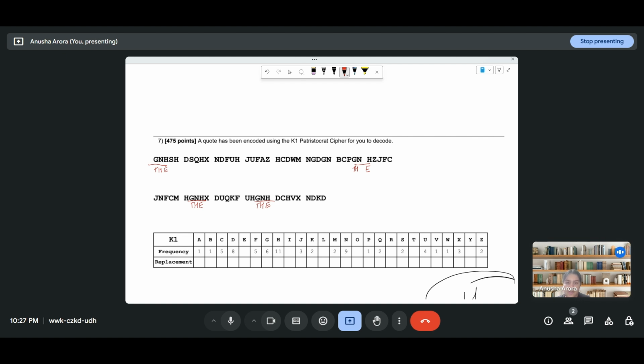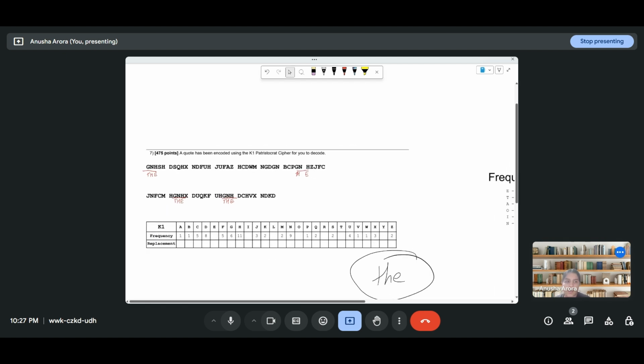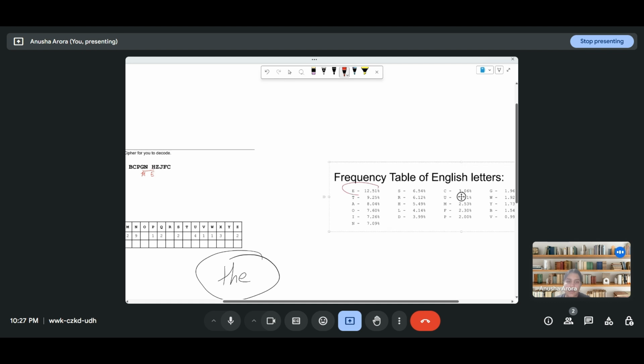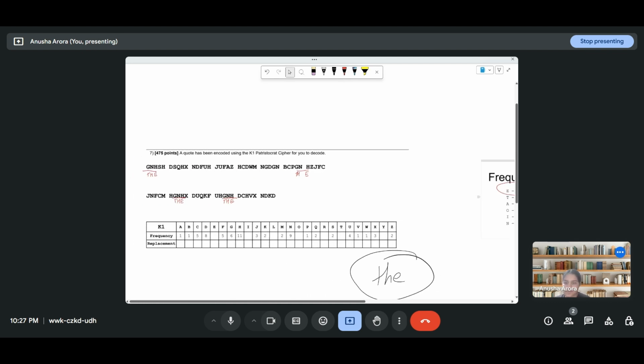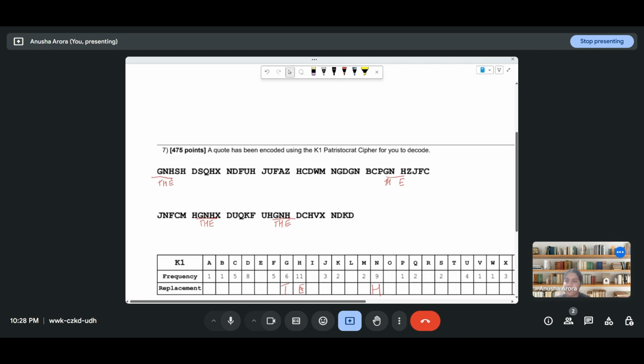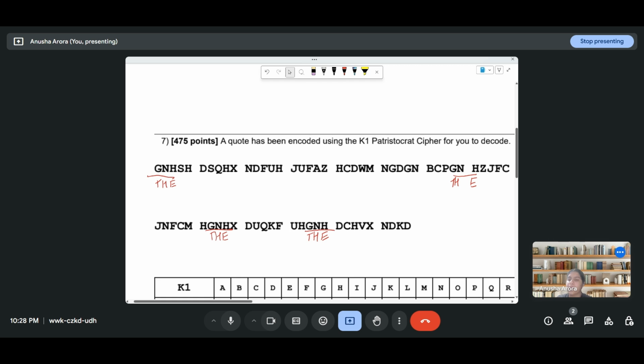If we think about it, the frequencies also line up because, as you know, E is the most common letter in the alphabet, and we can see H is the most common over here. So it makes sense that H is probably going to be E. And then next we see G, T makes sense. And then N as H also makes sense. So we'll just go in and fill up all of the E's.